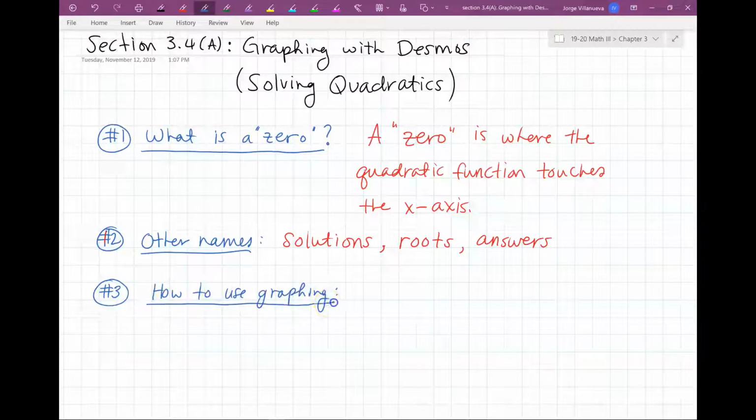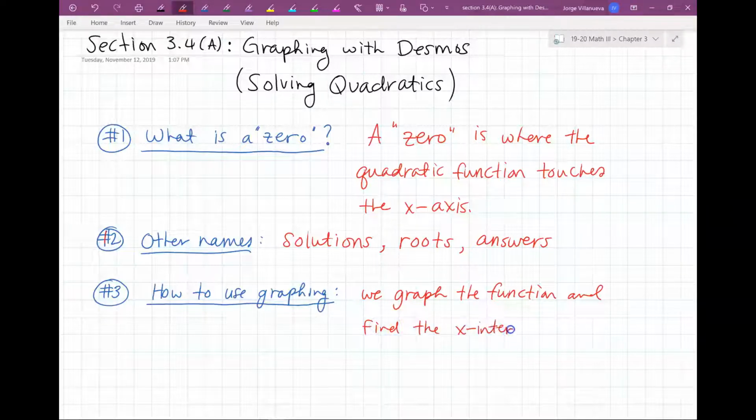It doesn't have to be a paragraph, but you can say, we graph the function and find the x-intercepts. That's how you use graphing. You're going to graph the function and then find the x-intercepts.